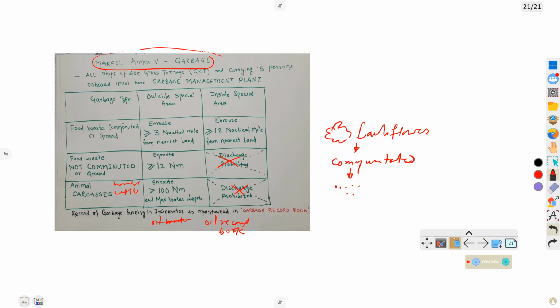So garbage burning is maintained only in the garbage record book and it is maintained by the chief officer on deck. Oil record book only deals with the oily water separator.